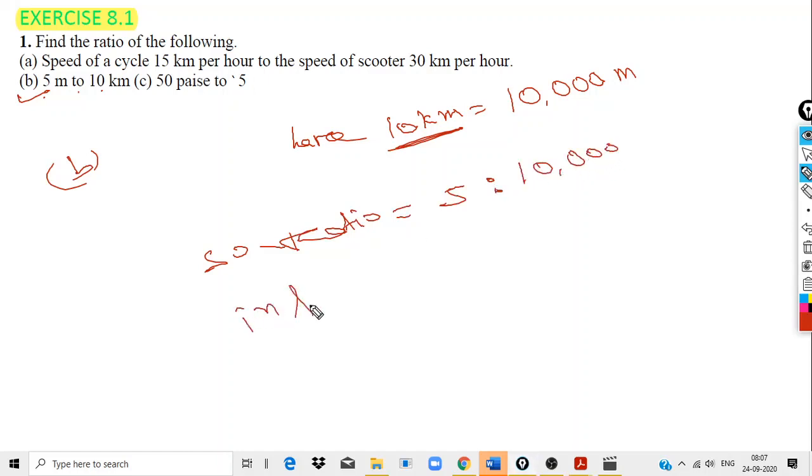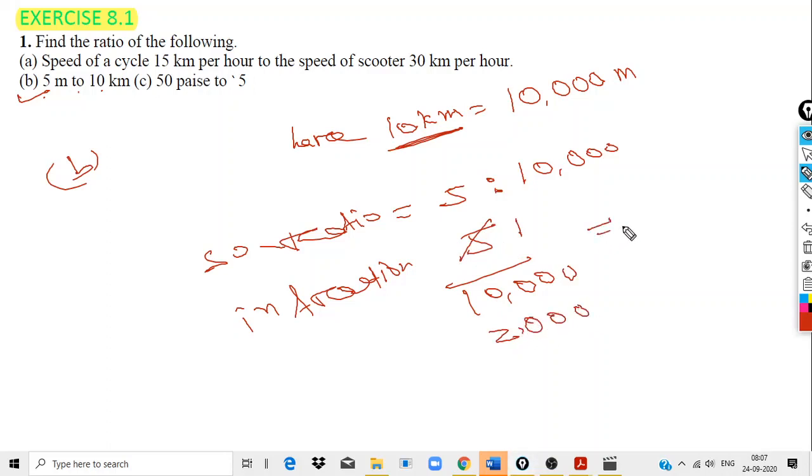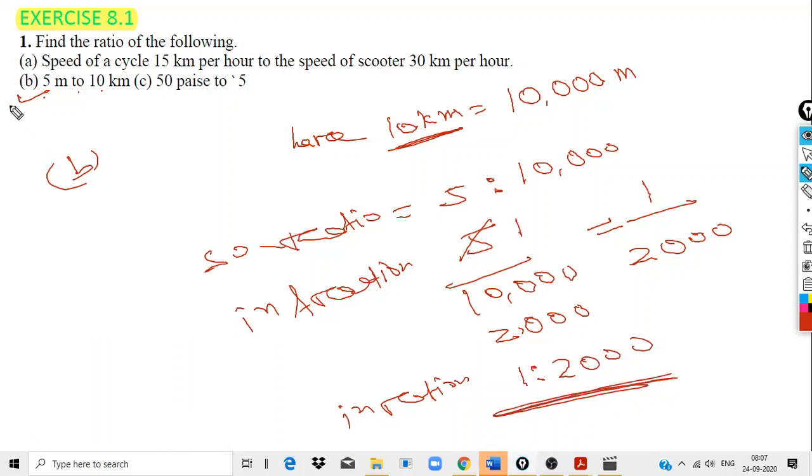In fraction you can write 5 divided by 10,000, or you can simplify it: 5 1s are 5, 5 2s are 10, then 0 0 0, which is equal to 1 by 2000. So in ratio it will be 1 is to 2000. So this is the answer for B.